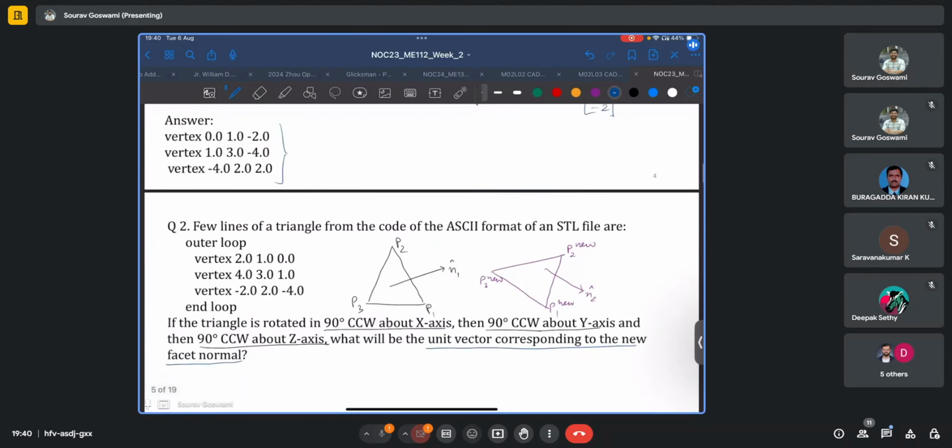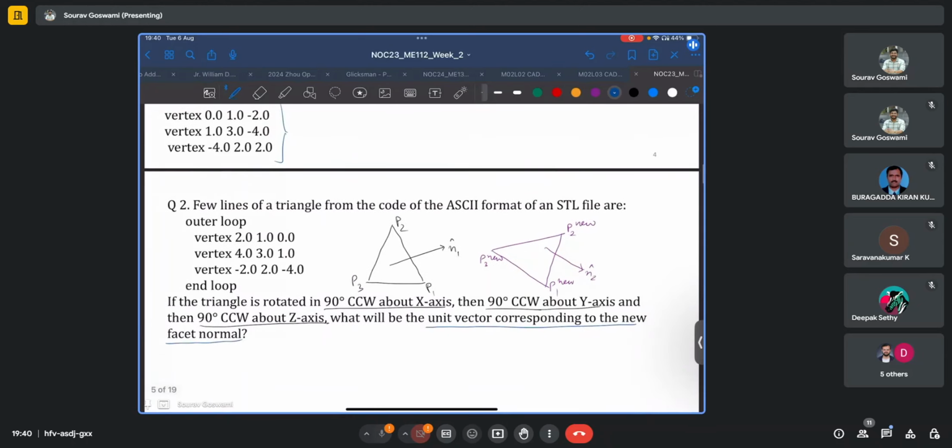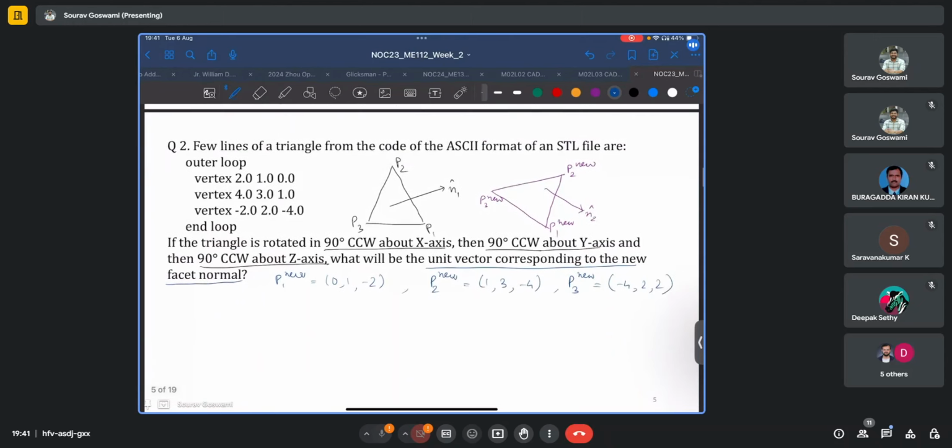We already have the new vertices, so I will just write it. P1 new is 0, 1, minus 2. P2 new is 1, 3, minus 4. And P3 new is minus 4, 2, and 2. In the previous week, we already discussed how to find the facet normal of a triangle.